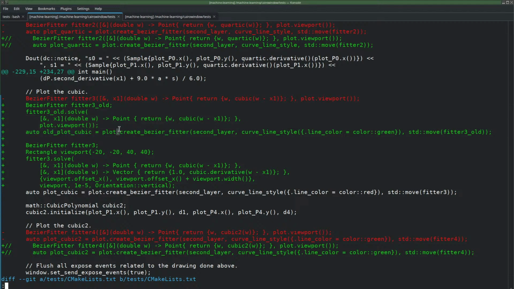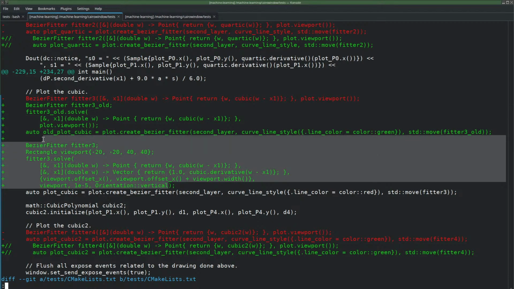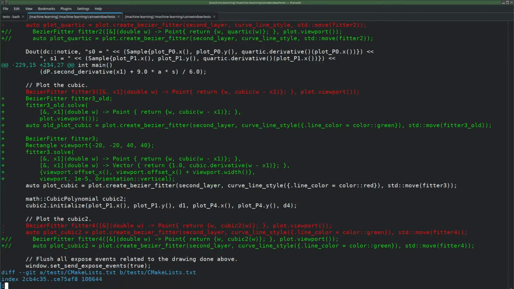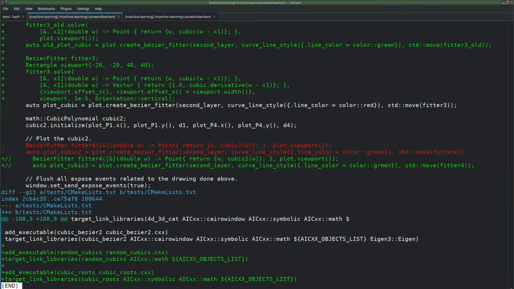So the old way to do it and the new way to do it. So this is just testing something, and I added it in this program because that seemed convenient. And then we have random cubics and cubic roots.